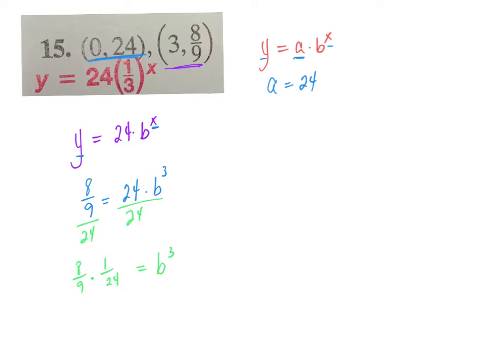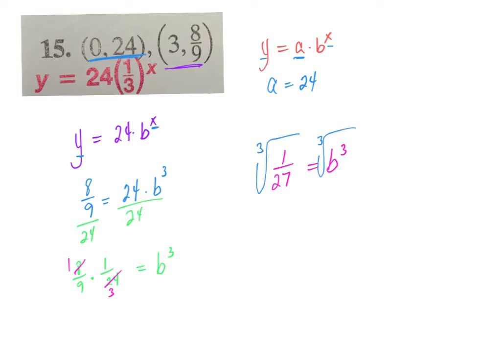And I'm going to cross cancel here. So my 8 and 24 cross cancel with 1 and 3. So I get 1/27 equals b cubed. And now I can take the cube root of both sides.